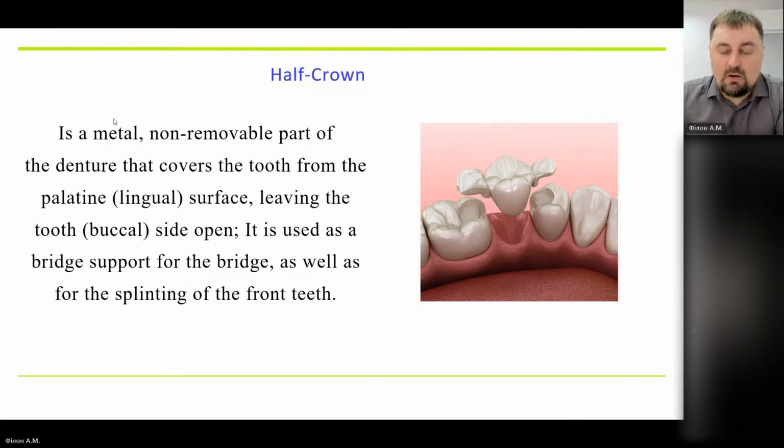When and why should we use such prosthetics? For example, when we have to extract a tooth because of inflammation, and we cannot place an implant at that place immediately.